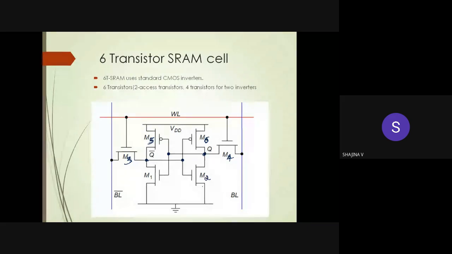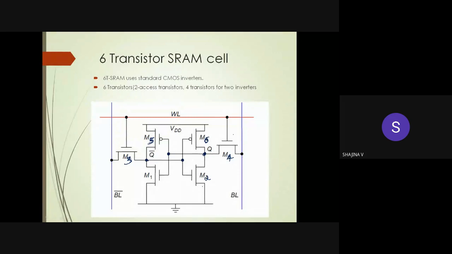As already said, the gates of the access transistors are connected to the word line, and the drain or source, mostly source, is connected to the bit lines. This access transistor works like a switch. These access transistors are the connection path between the outside world and the memory cell.